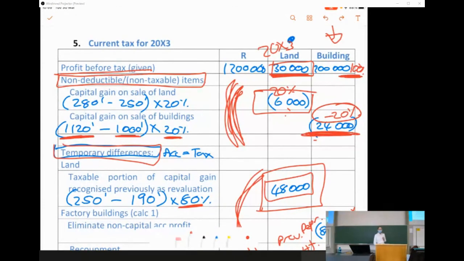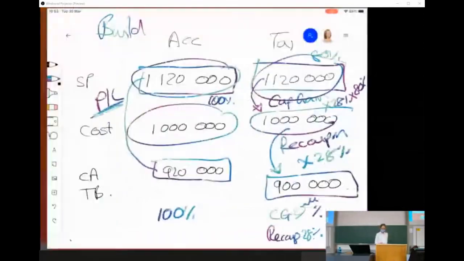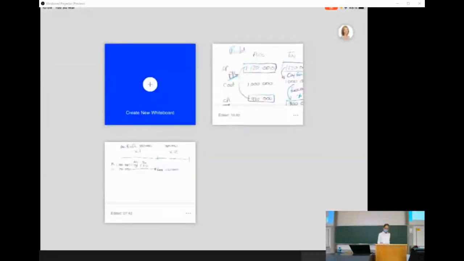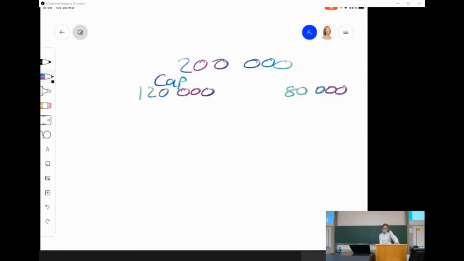So if we take that 200,000 for the building, let's go back. What we are effectively doing is we split that 200,000 for the factory building between the 120,000 capital gain and the 80,000 non-capital gain.